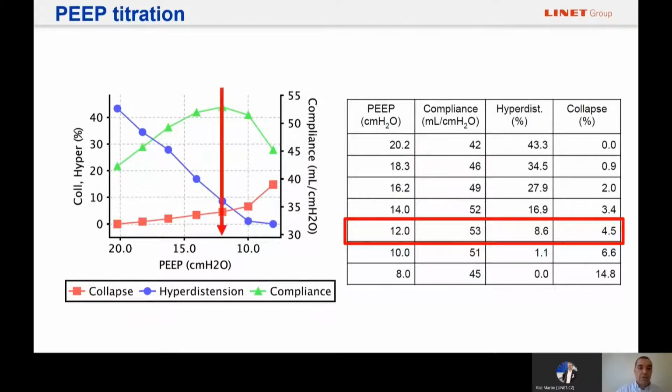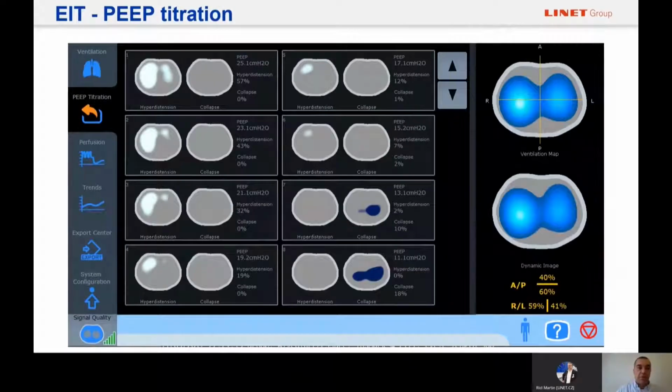In the graphics we can optimize here, but better, and it's beautiful on PEEP titration by EIT, is this history shown. When we reduce the PEEP step by step and make the PEEP titration, we can identify the over-distended alveoli and the alveoli which start to collapse. We can choose again the optimal PEEP with minimal collapse and minimal hyperdistension, here in this case approximately 15.